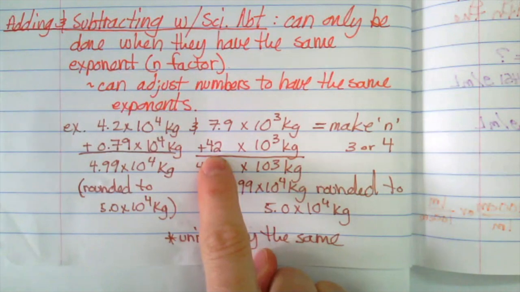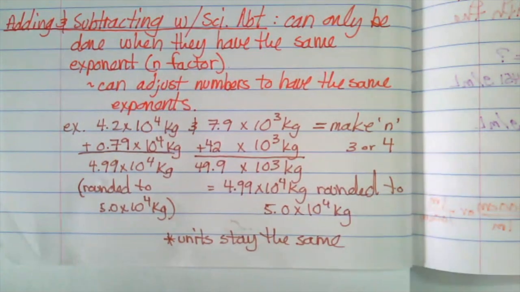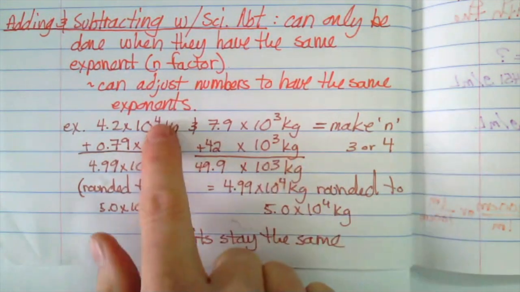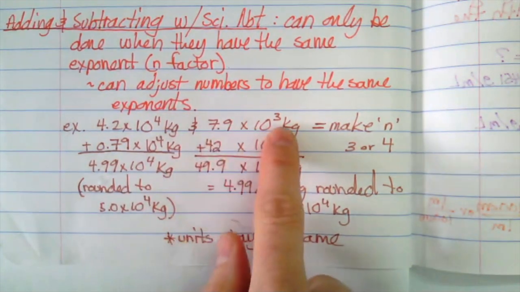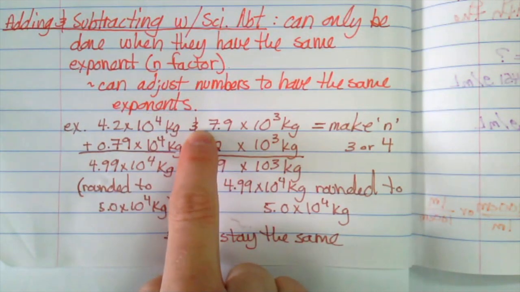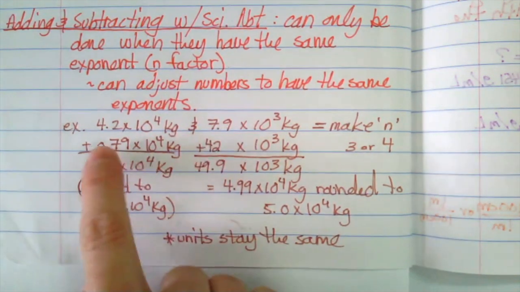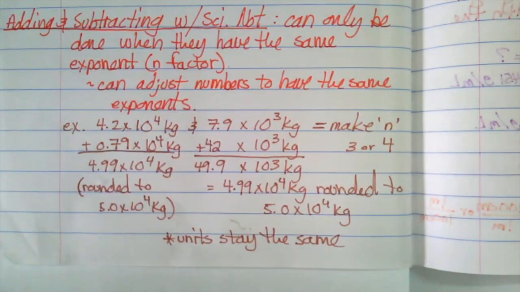This was 4.2 times 10 to the 4th, but because I moved the decimal to the right, that's negative. It takes one away from my exponent. So it was 4, and now it's 3. And then the same with this. It was 7.9 times 10 to the 3rd, but I moved the decimal to the left, which is positive, and so it becomes 0.79 times 10 to the 4th power, okay?